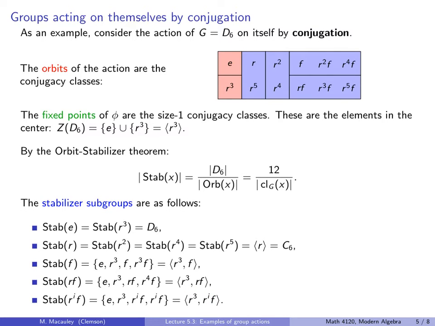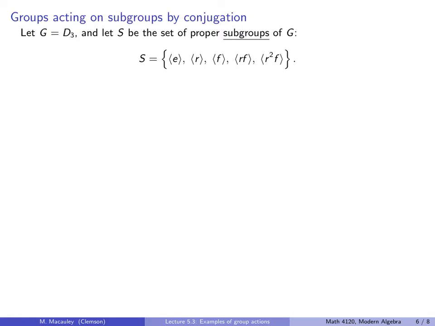Our third example is that of groups acting on subgroups by conjugation. Notice that we can't act on subgroups by multiplication because that won't leave us with a subgroup, but rather a coset. So we will start with an example of this on this slide, and then we will generalize it on the slide afterwards.